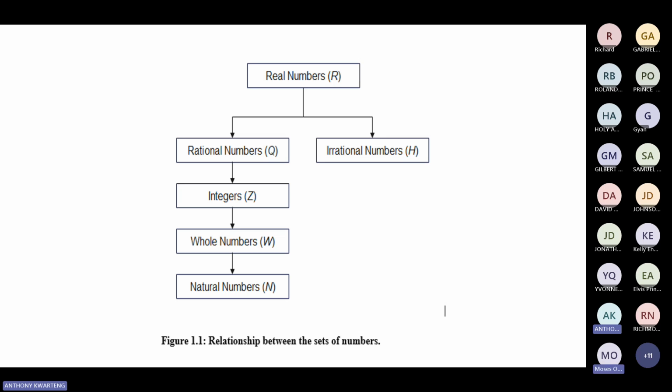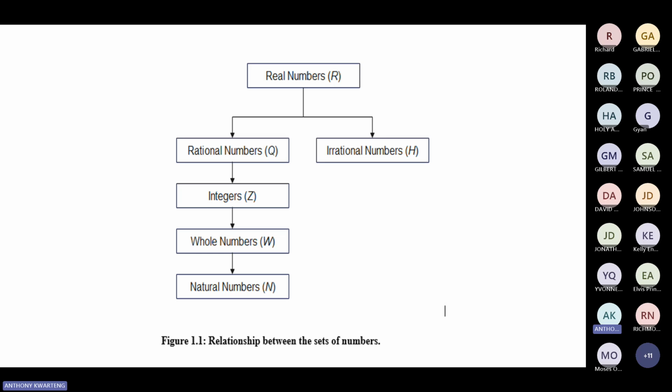A perfect number is a positive number that is equal to the sum of its proper factors.